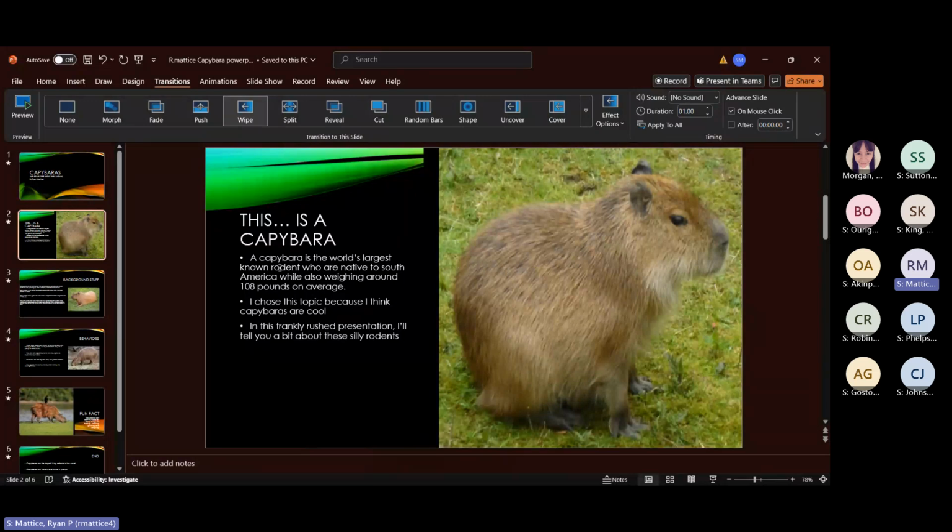Well, largest known living rodents to be exact. There's some dead ones that are probably bigger. They weigh around 108 pounds on average, 77 to around 140 pounds to my knowledge. I just chose this topic because capybaras are cool. Just look at that creature.